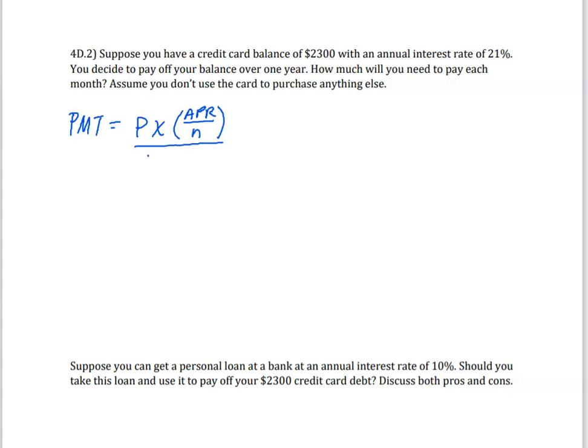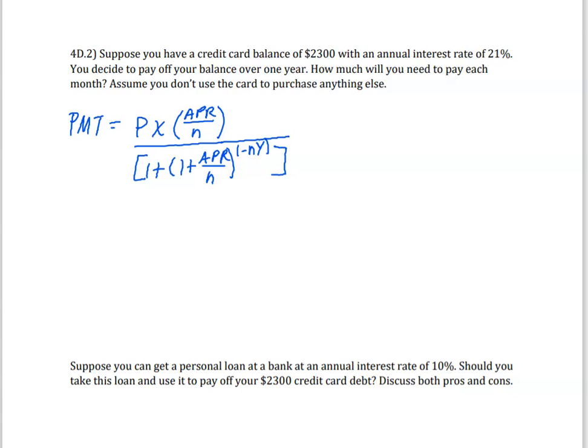And you take that and you divide it by 1 minus the quantity 1 plus the APR divided by the number of times it happens every year, all raised to negative n, which is the number of times it happens per year, times the number of years it happens.